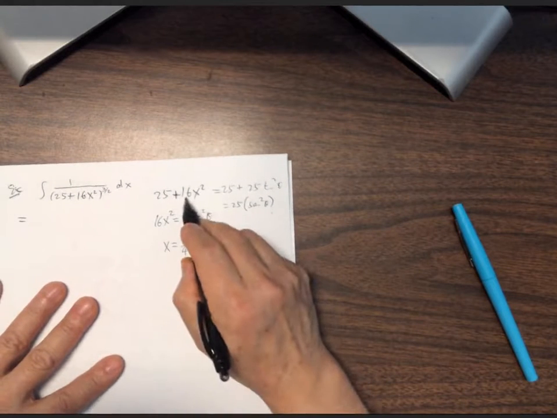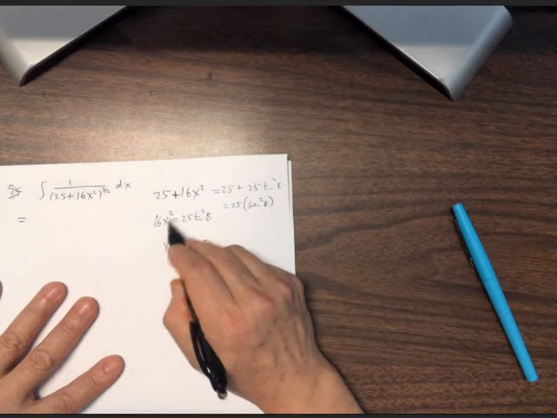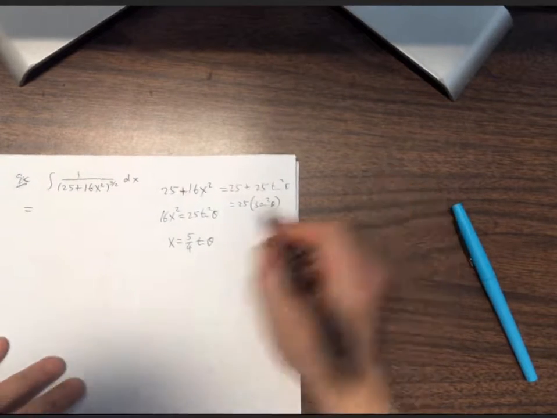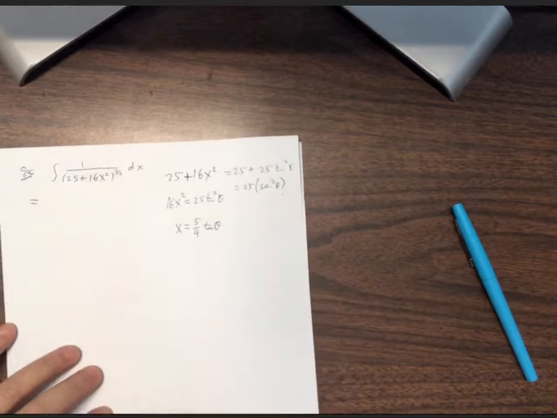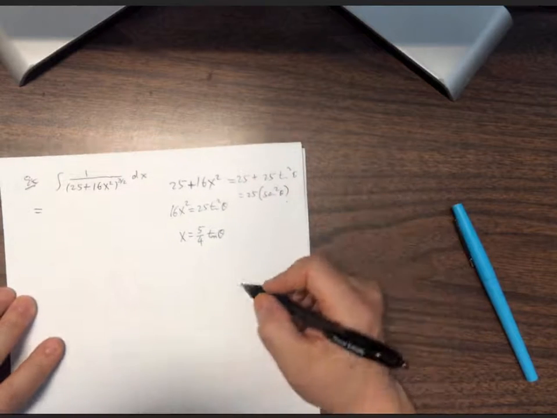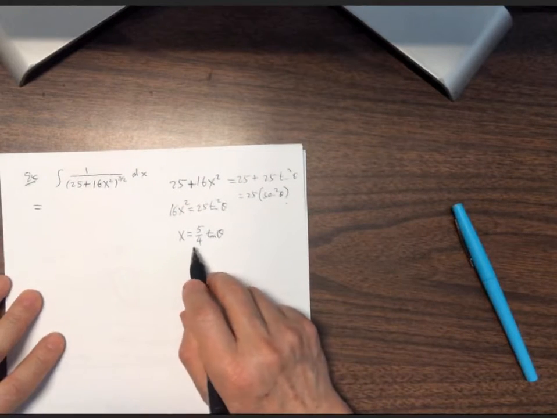You may have a number here, so if there's a number in the front, you just include it in your square or whatever you have there. Alright, so we come up with the trig substitution needed.